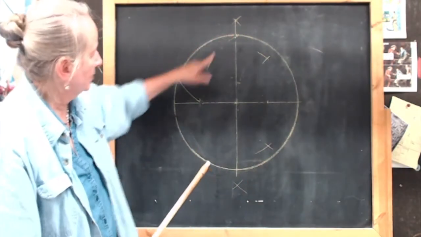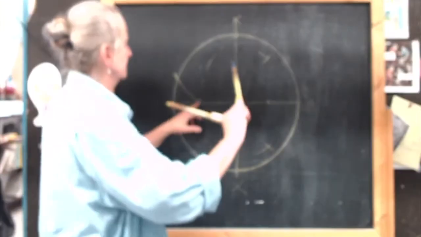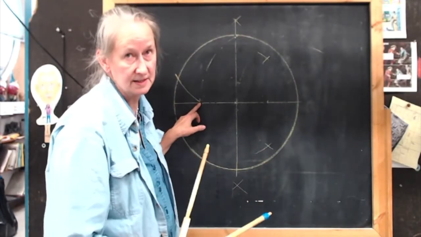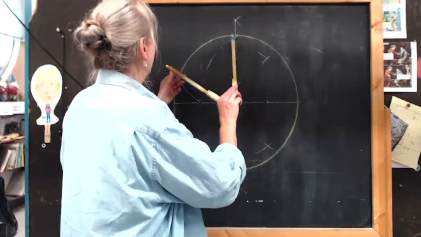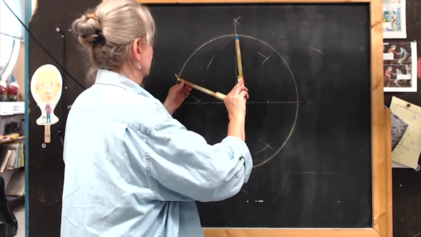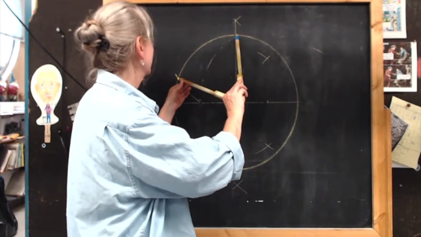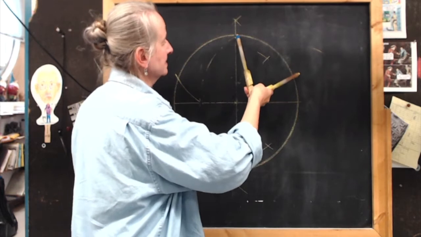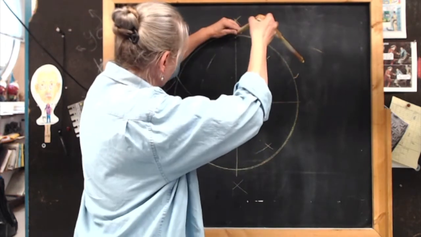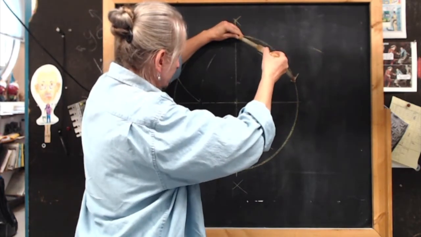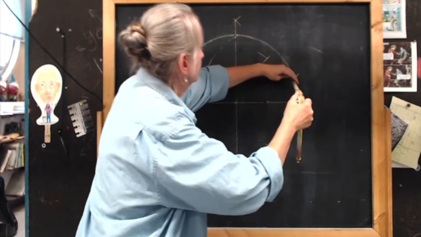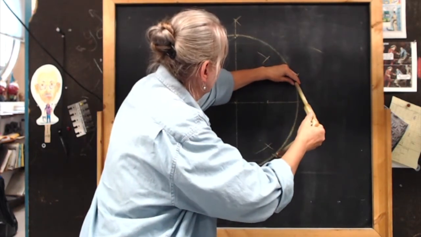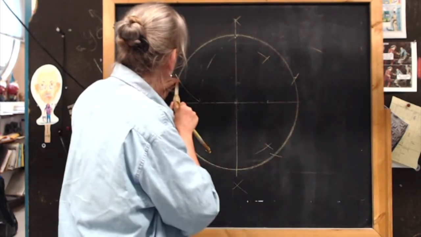From this point down to where this arc intersected this line over here. That distance, right? That's the distance that I need to divide this circle, this circumference, up into fifths.